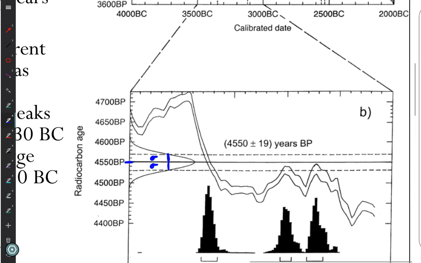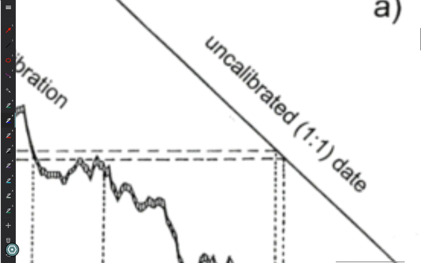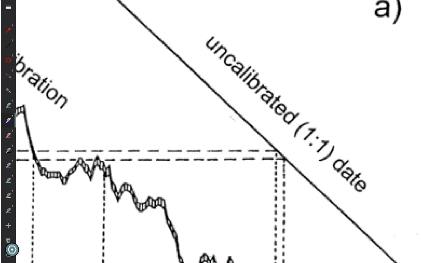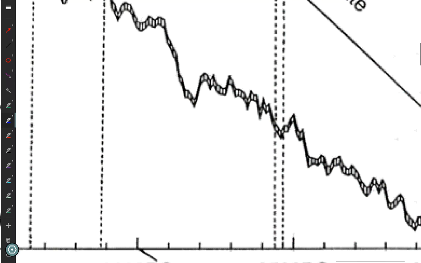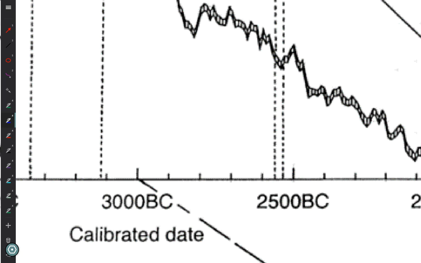So now if we look at the top one, here's the uncalibrated curve. That is the curve just assuming we've had a constant ratio. And that would say that Ötzi lived at somewhere around 2550 BC.